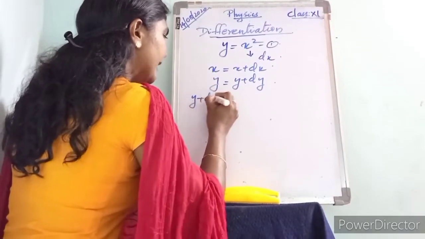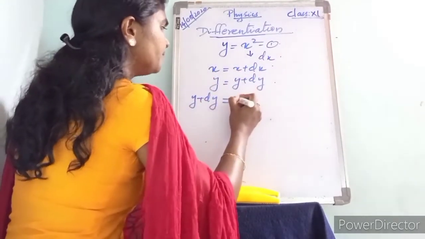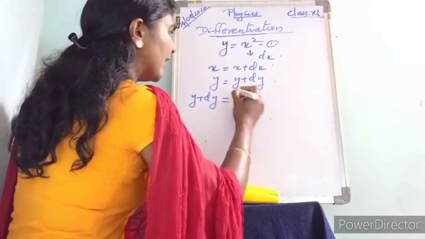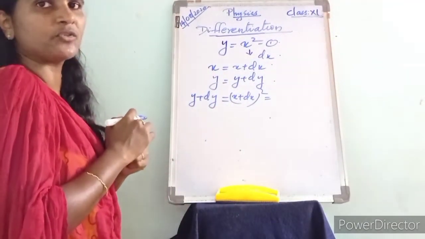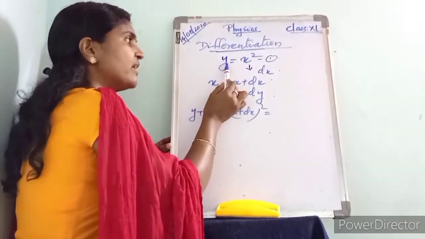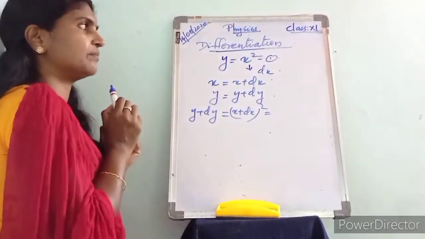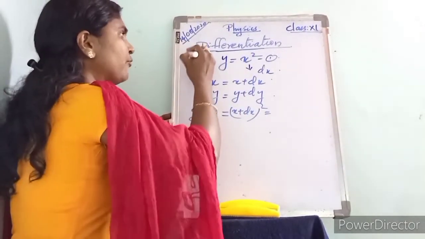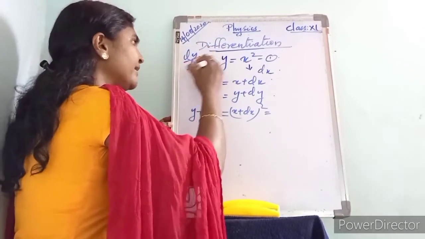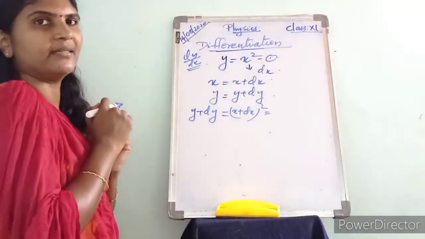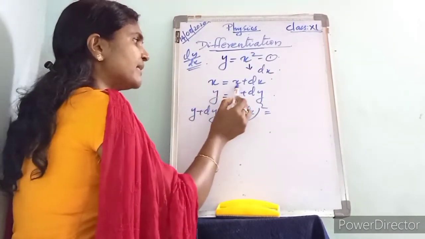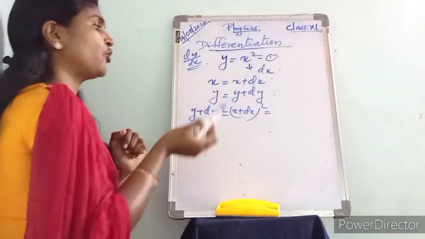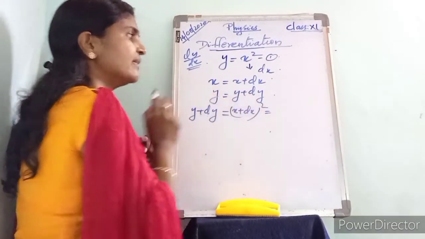y plus dy is equal to x plus dx the whole square. Here we have the relation y equal to x square. We have to find dy by dx. If we increase x by dx, then x becomes x plus dx, and automatically y becomes y plus dy.